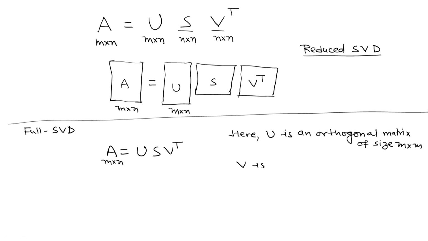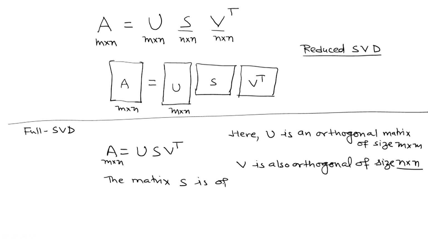V is also orthogonal of size n by n, and the matrix S is of size m by n. So this is full singular value decomposition and this is reduced singular value decomposition.